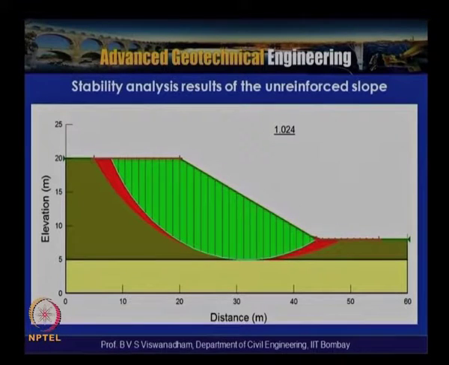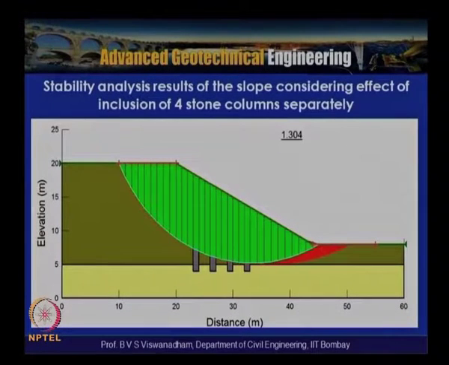In this example, slope stabilization using stone columns was considered. Here is the cross section of the slope with the effect of the 4 individual stone columns included, where the factor of safety is found to increase to about 1.304.